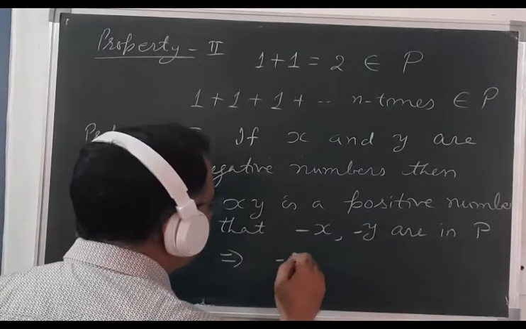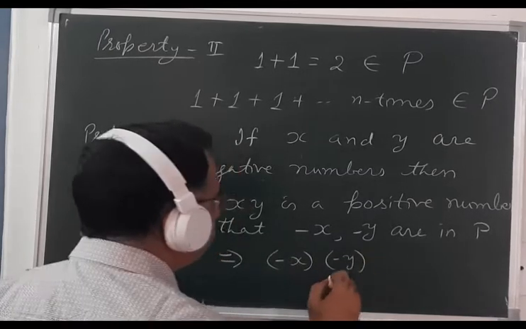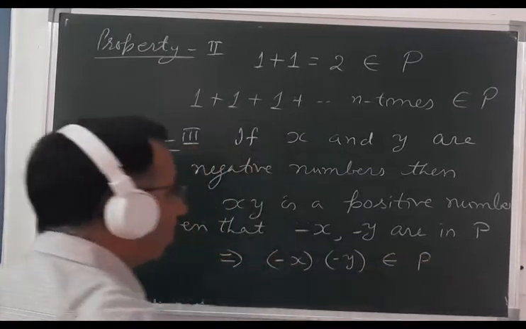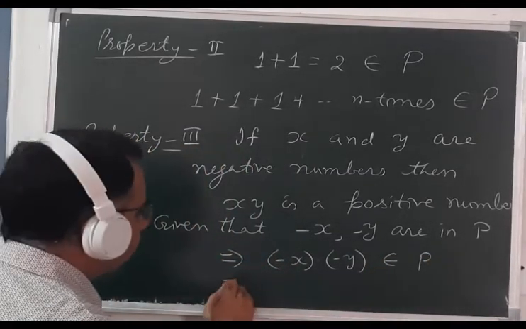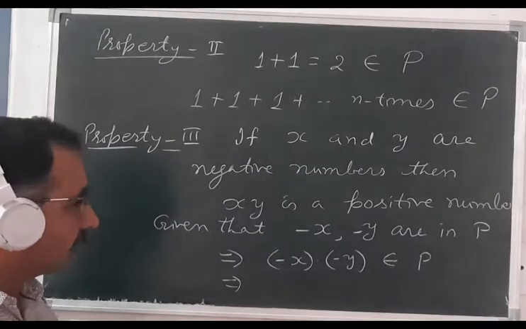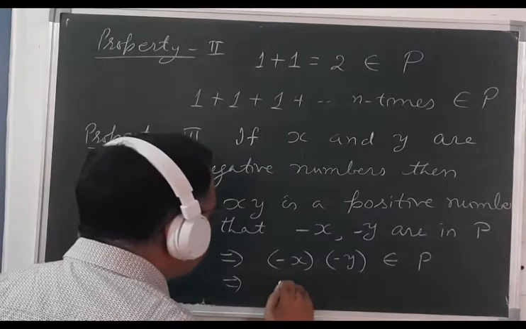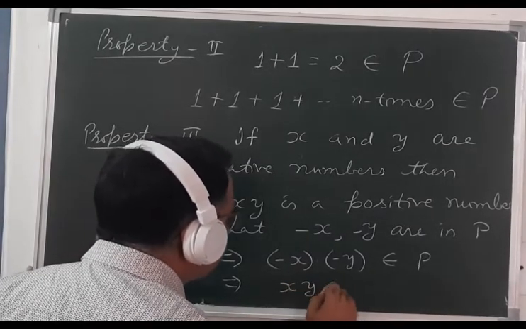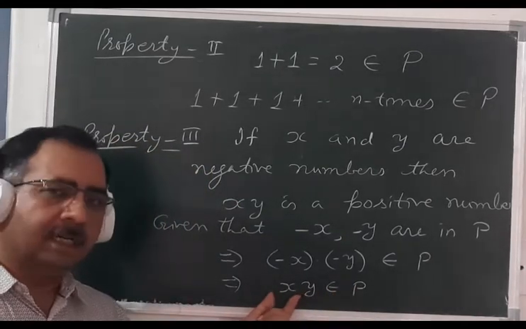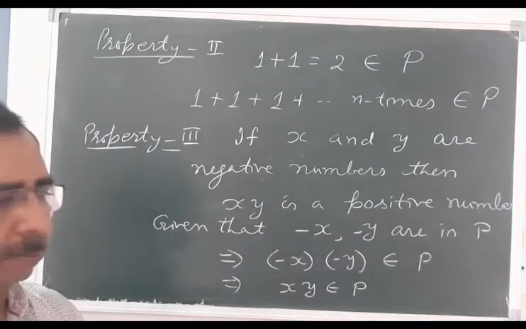So minus X into minus Y should belong to P. This implies, as in our yesterday's lecture we have already seen, that minus X into minus Y is X into Y, so XY belongs to P. Any element of P is called a positive number, so I have proved that XY is a positive number.